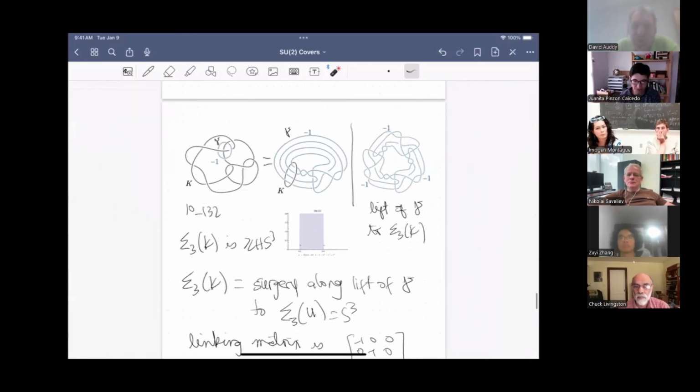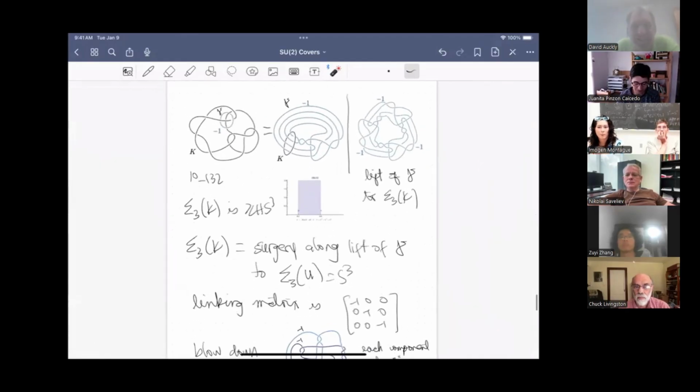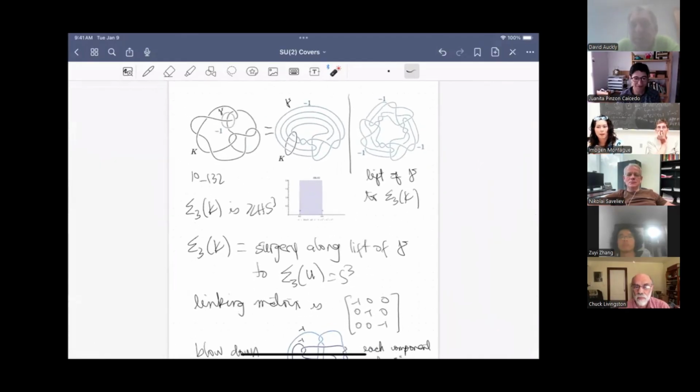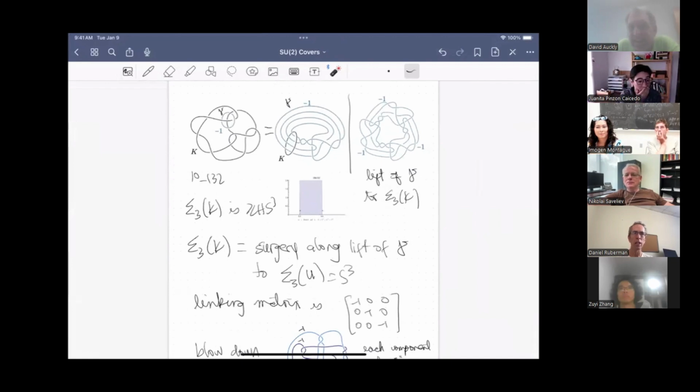This is very cool. I like all of the topological arguments being put in. Thank you. Can I just ask, because my picture cut out for quite a while, what was the role of the linking matrix being negative definite?